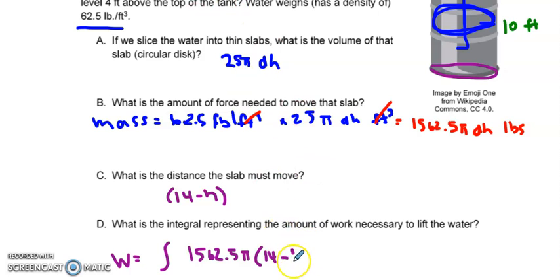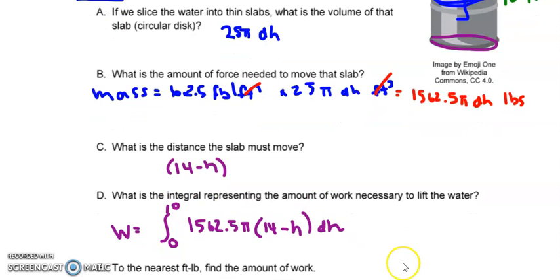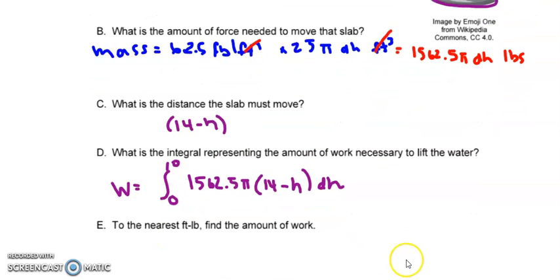So 14 minus h as our variable distance, and then of course we have a dh. And the limits of integration come from the very bottom of the tank to the very top of the tank. So you'll be taking out water from the bottom to the top, so 0 to 10. And then you can go ahead and integrate here.